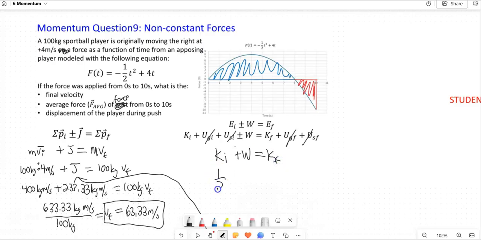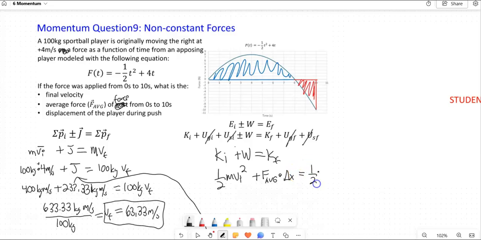So this is going to be 1/2 m v initial squared, and our initial velocity is 4 meters per second, plus work, which is going to be the average force times delta x, and we're going to assume that that's a constant, right? Average force is a constant force.